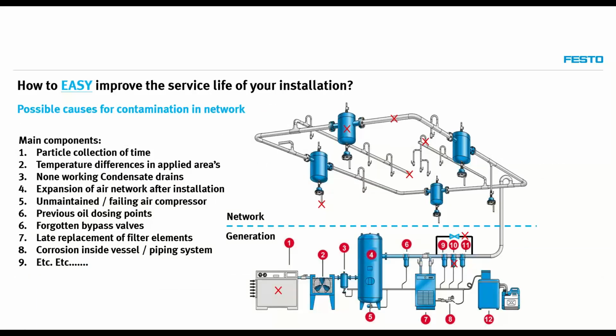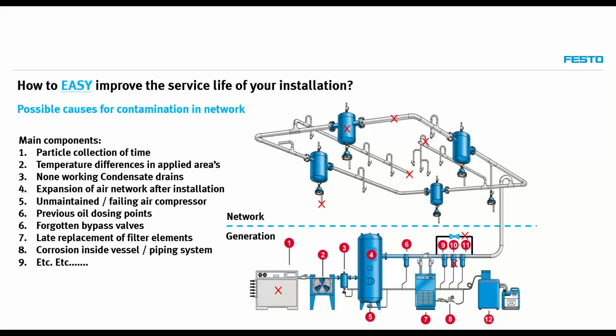The other topic is the possible causes of contamination in a network. Maybe you have a very well arranged compressor installation, but even with a new installation, people believe that the filtration is always done upfront of the compressor, but not inside the field, because the idea is that there is already a filter in place.